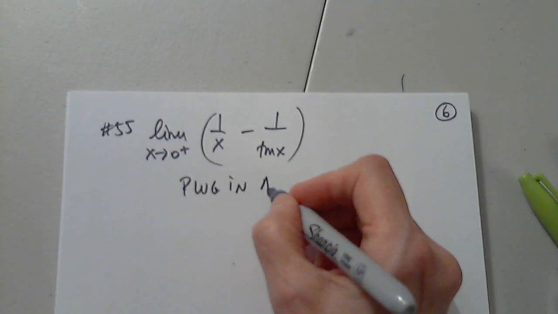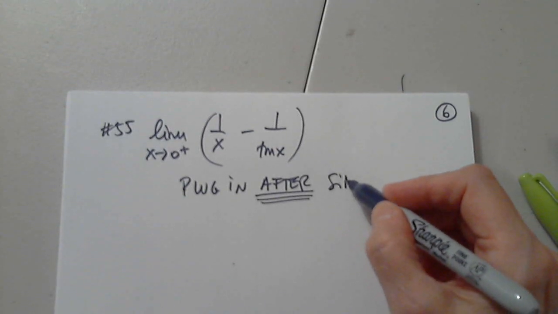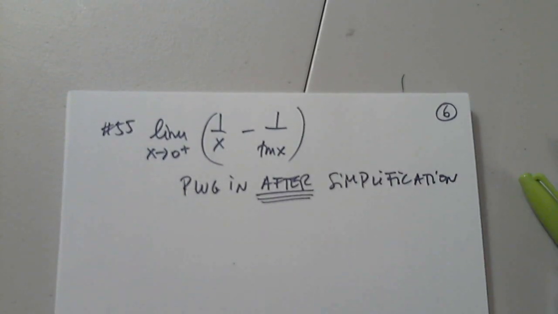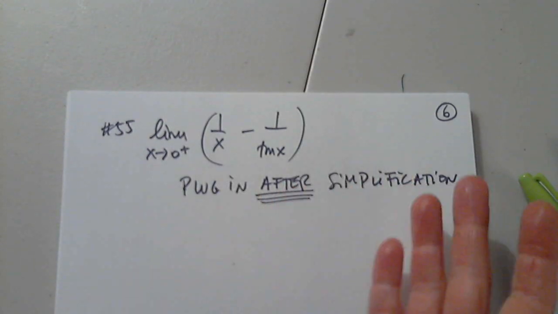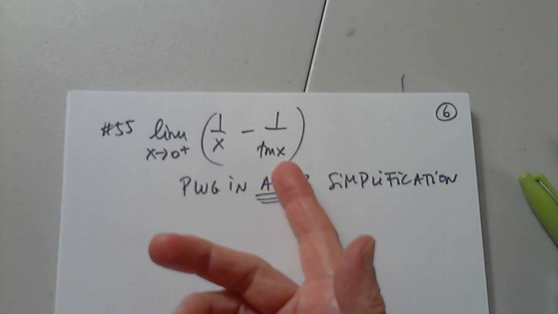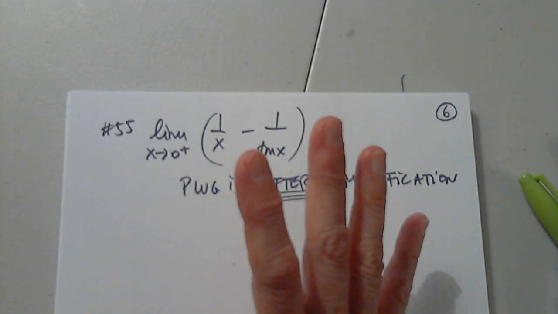Plug in after simplification. So I'm not changing the rules on you, but we can't plug in 0 here because this is infinity and this is infinity. So we have to simplify first.